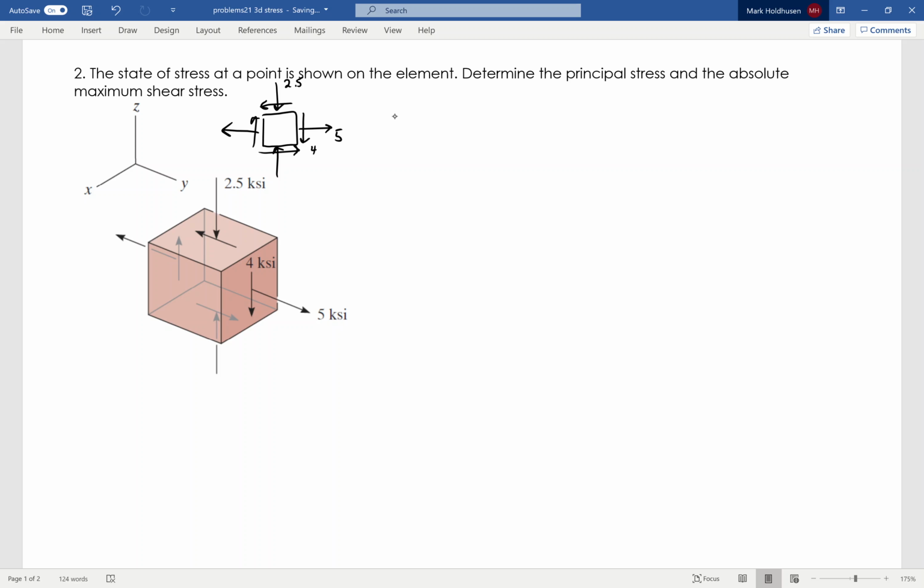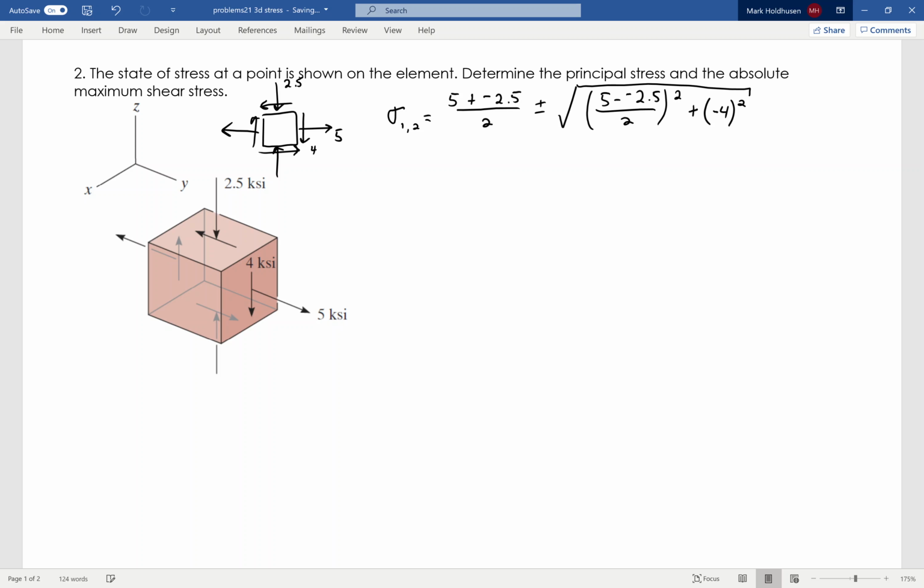So very easily I can find, and we've done this before, the principal stresses, which is just going to be (5 plus a negative 2.5) over 2 plus or minus the square root of ((5 minus a negative 2.5) over 2) squared plus negative 4 squared, like so.